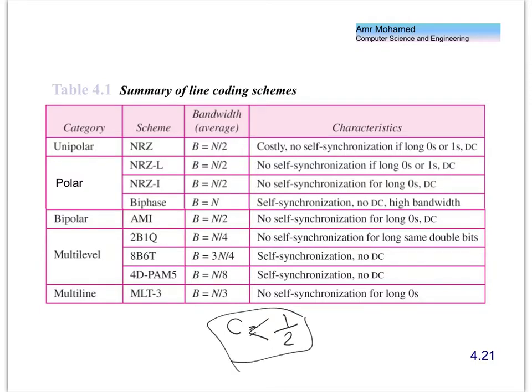Practically and very commonly, the k factor is in fact half. However, for some specific schemes, using specific mechanisms like inversion or multi-transition, we are able to reduce the k factor below half. Of course, we don't have to memorize this, because the k factor is going to be given to you.